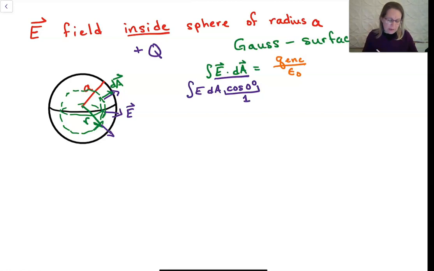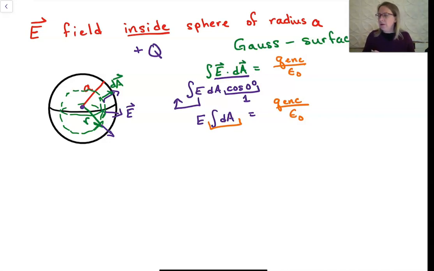And then we would say, anywhere along here, the same distance away from the center, because it's uniform and symmetric, the electric field had better be the same. So the electric field has the same value anywhere on the green surface. So we can pull that out. So we have E integral dA is still equal to Q enclosed over epsilon naught. The integral of dA is just the area.